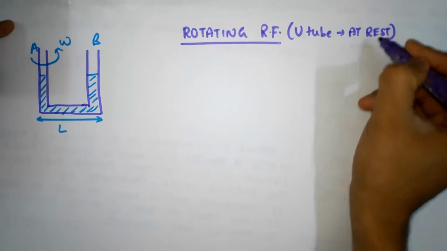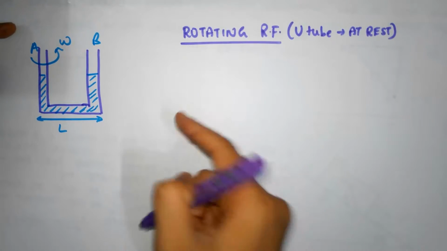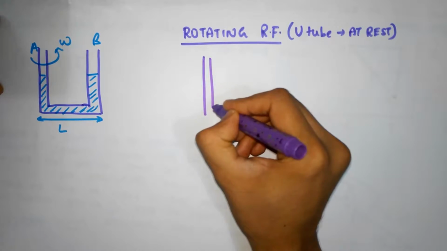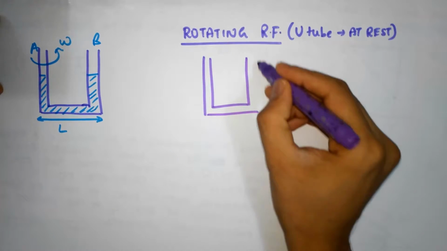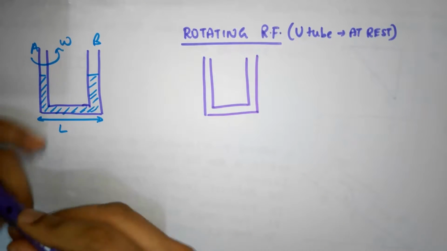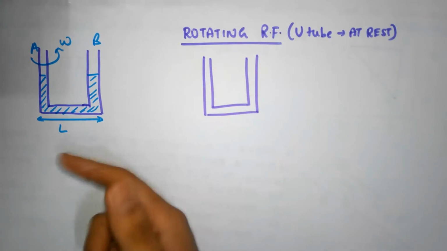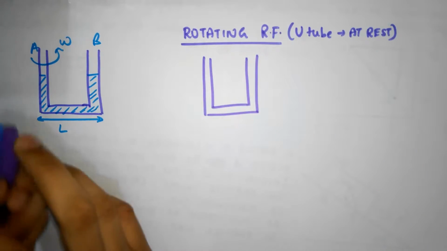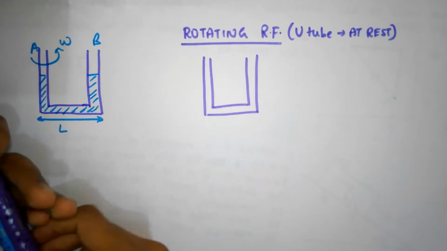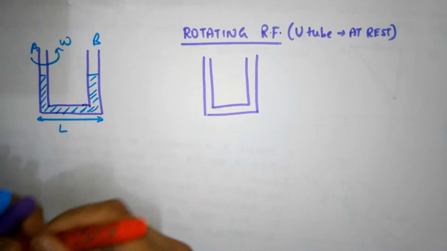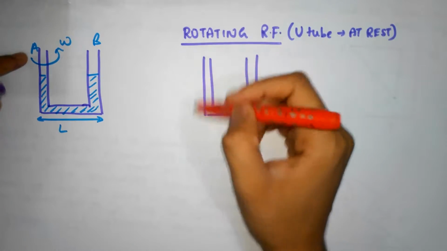And the moment you do that, you realize that you are inside a non-inertial reference frame. Okay? So we are going to assume that this whole U-tube is at rest. And if that were to happen, then we have to take care of pseudo forces. And the pseudo force is centrifugal force, or pseudo acceleration is centrifugal acceleration, and that acceleration is always away from the center, or away from the axis of rotation.